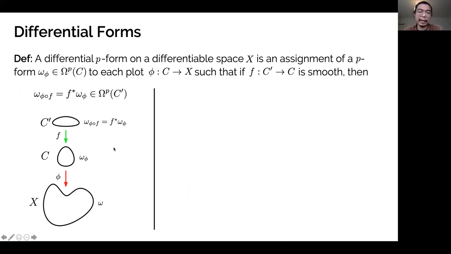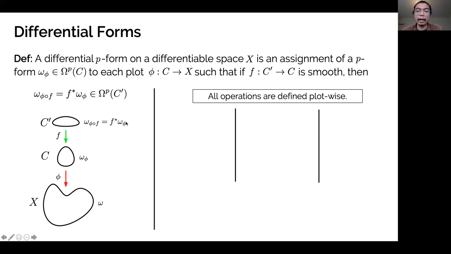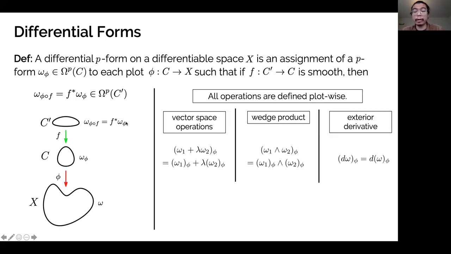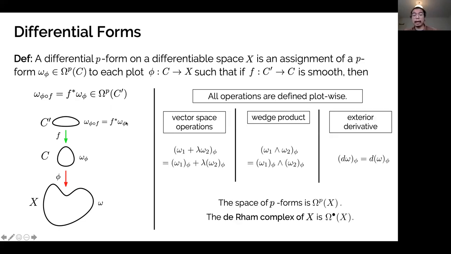And specifically, it has to satisfy this pullback condition: the differential form on phi composed with F is just going to be the pullback of omega phi by the smooth map F. And we can define all the ordinary operations plotwise, and we can obtain a de Rham complex for these differentiable spaces.